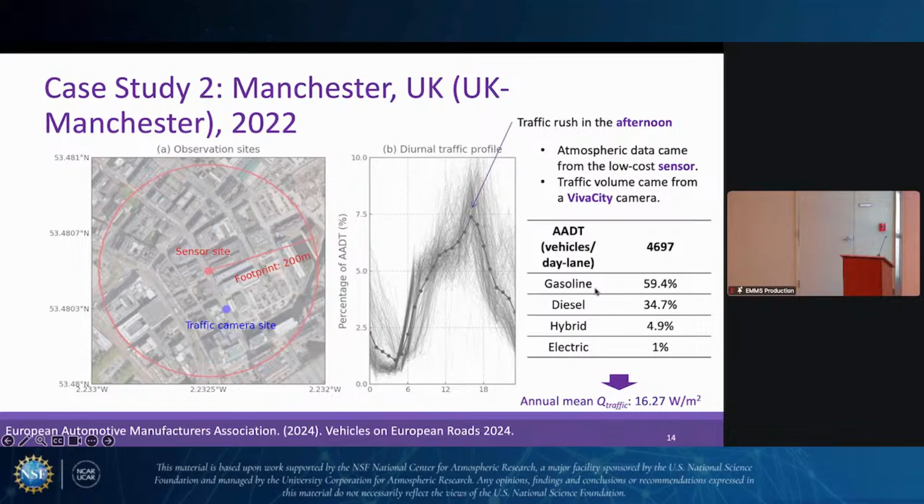It has more gasoline vehicles, less diesel vehicles, and a small fraction of hybrid electric vehicles in 2022. So the calculated annual mean traffic heat flux is around 16 watts per meter square.